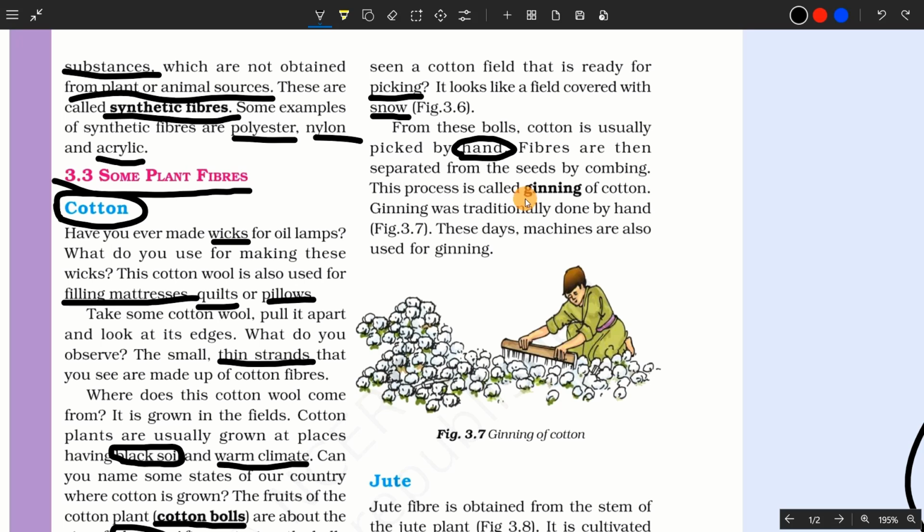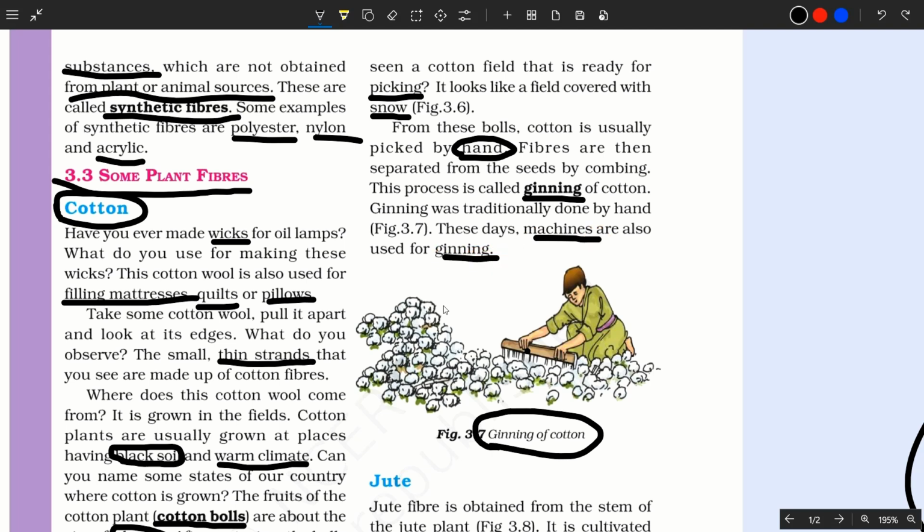This process is called ginning. Ginning of cotton was traditionally done by hand, as shown in Figure 3.7. These days, machinery is also used for ginning.